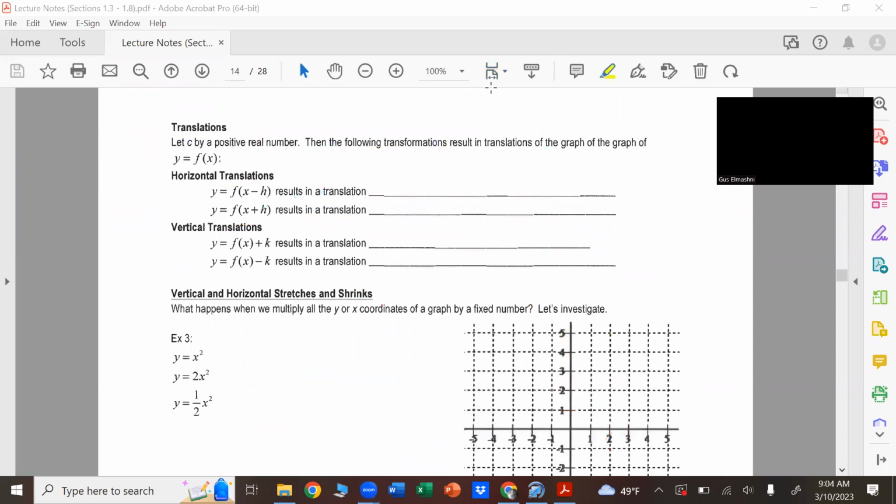So everything we did so far is called translations. And simply what's happening is that you're moving the graph up or down or whatever. So I'll put this as a text box, it'll be much easier. So when you see this here, that results in a translation of H units to the right.